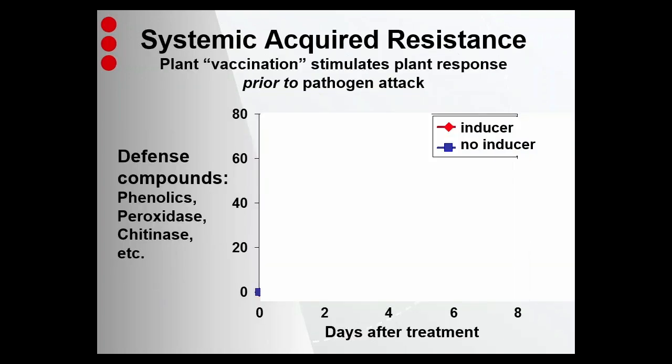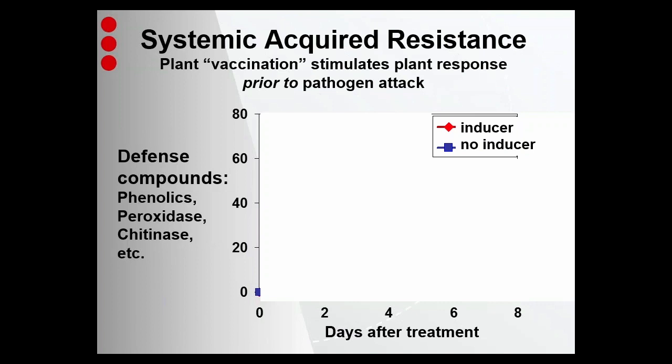So we'll talk a little bit more about systemic acquired resistance. And compost teas are definitely not the only kind of material that's being researched and being used to stimulate systemic acquired resistance in the plant.